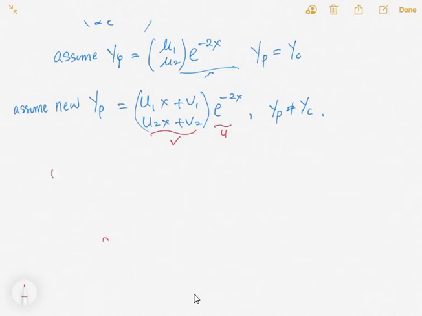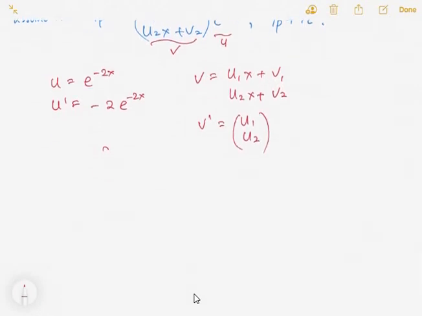We assume u is exponent negative 2x, so u prime is negative 2 exponent negative 2x. And v is (u1x plus v1, u2x plus v2), so v prime is (u1, u2). Yes, correct.